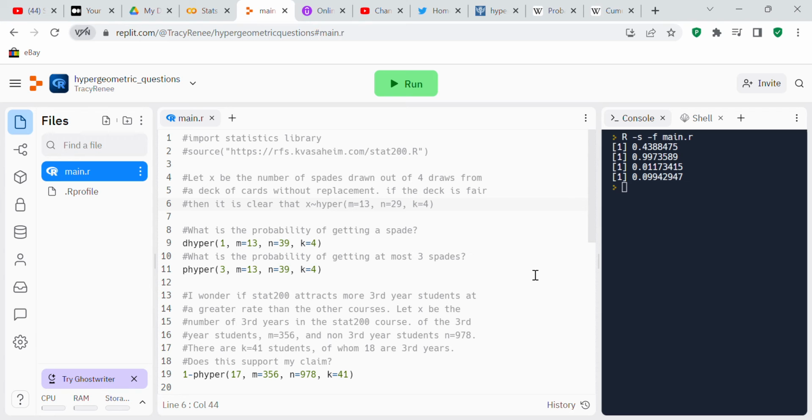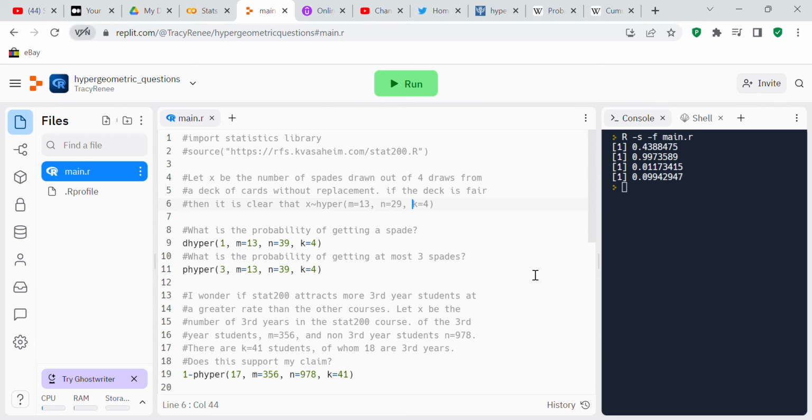M equals 13 because there are 13 spades in the deck, but there are 52 cards in a deck. So M is 13 because you can choose from 13 spades, and N is the other, 52 minus 13 is 39. So you've got 39 to choose from that aren't spades. And K equals 4 because you get 4 draws.